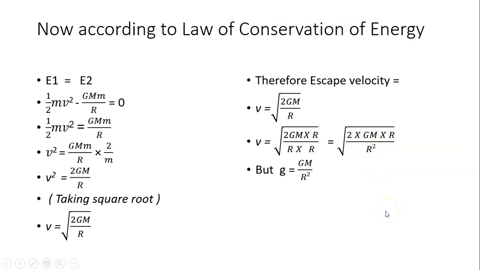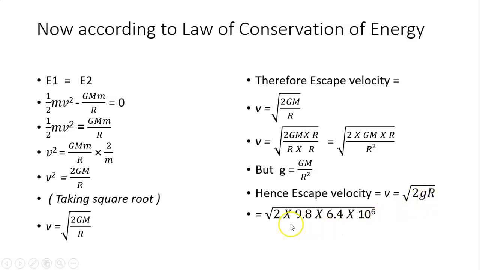But g is equal to GM upon R square. Hence, escape velocity V is equal to root 2 into g into R, equal to root of 2 into 9.8 into 6.4 into 10 raised to 6, equal to 11.2. So, escape velocity is equal to 11.2 kilometer per second.